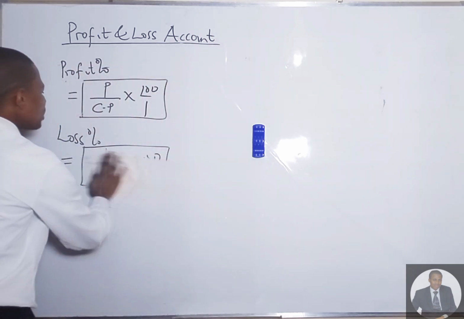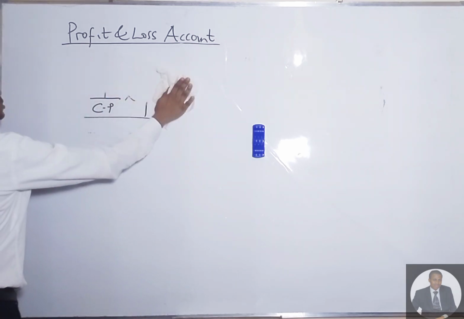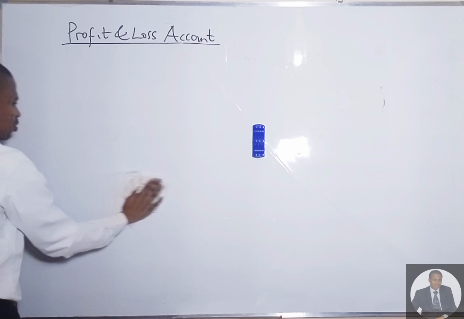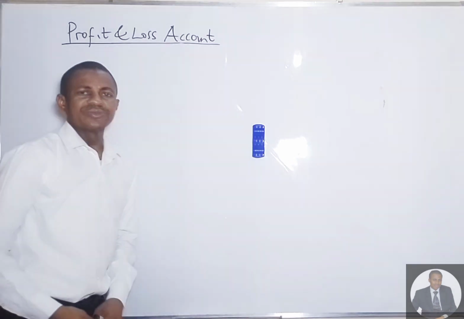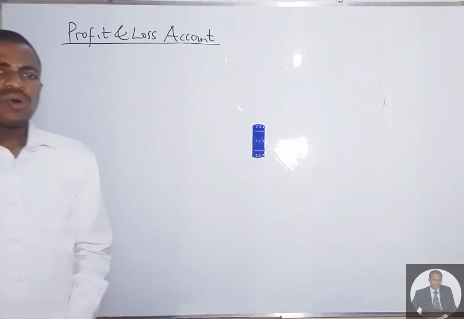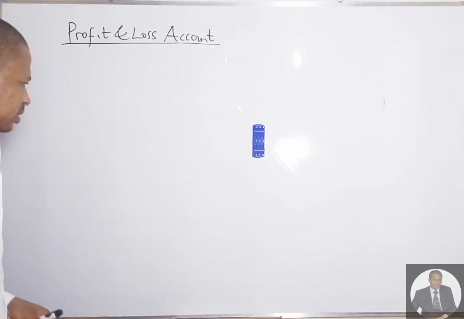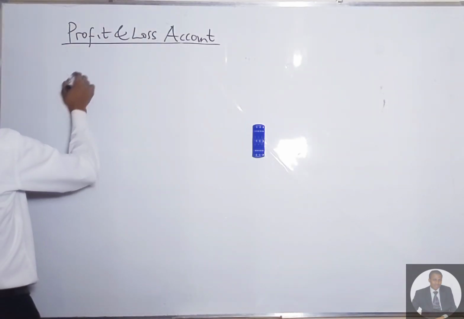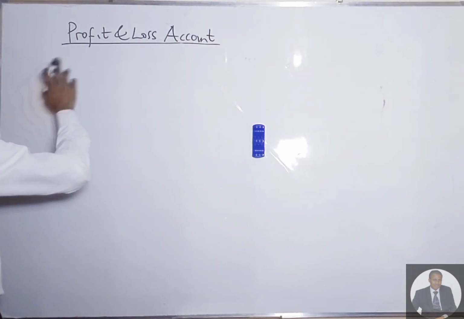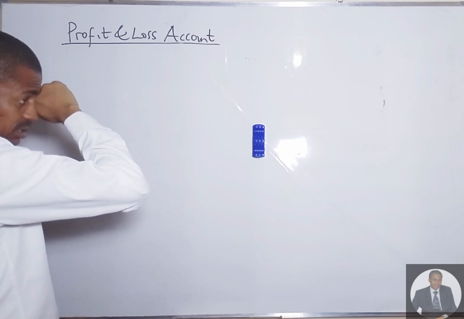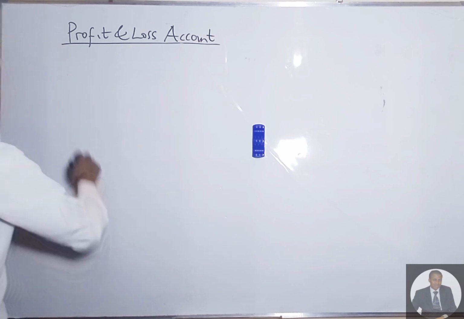Sometimes we are given selling price and cost price, and we are asked to find the loss percent or the profit percent. When we are given cost price and loss percent or profit percent, we have to find the selling price.